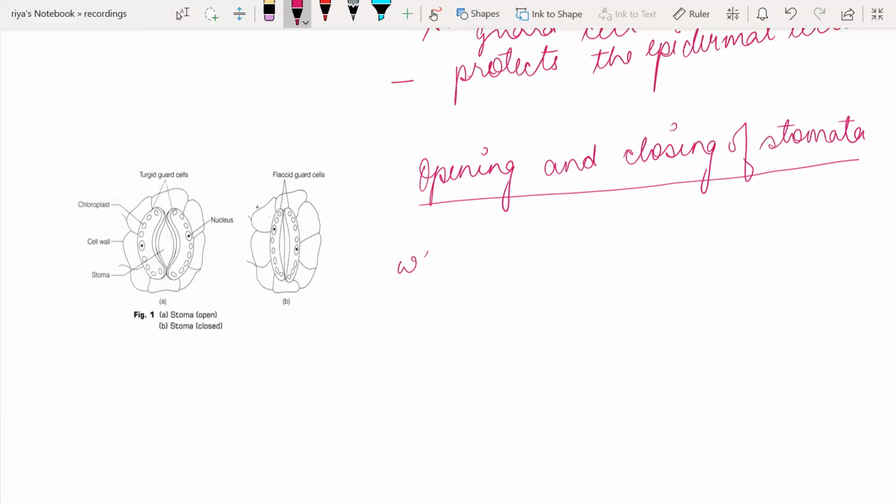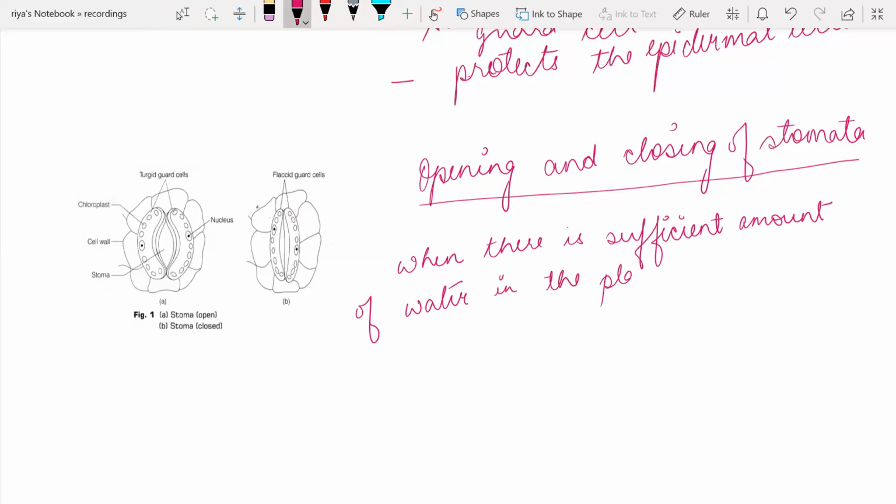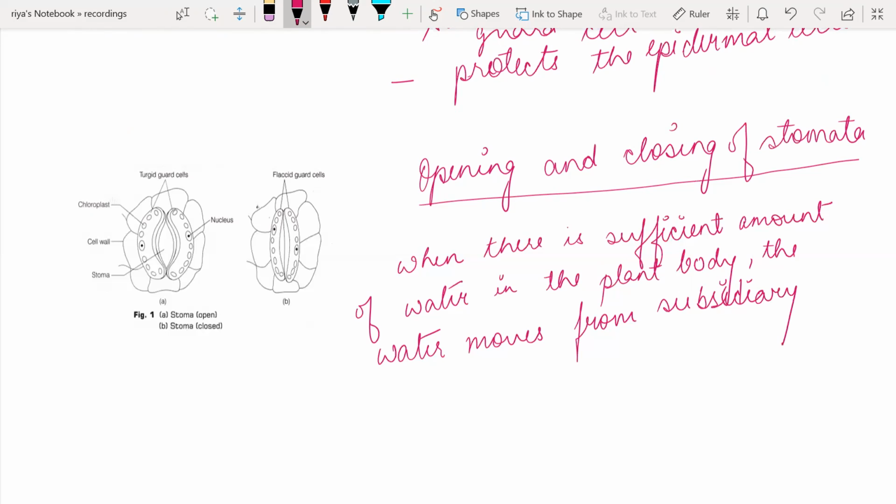Now I'll write it out. When there is sufficient amount of water in the plant body, the water moves from the subsidiary cells to the guard cells. As a result, the guard cell swells.